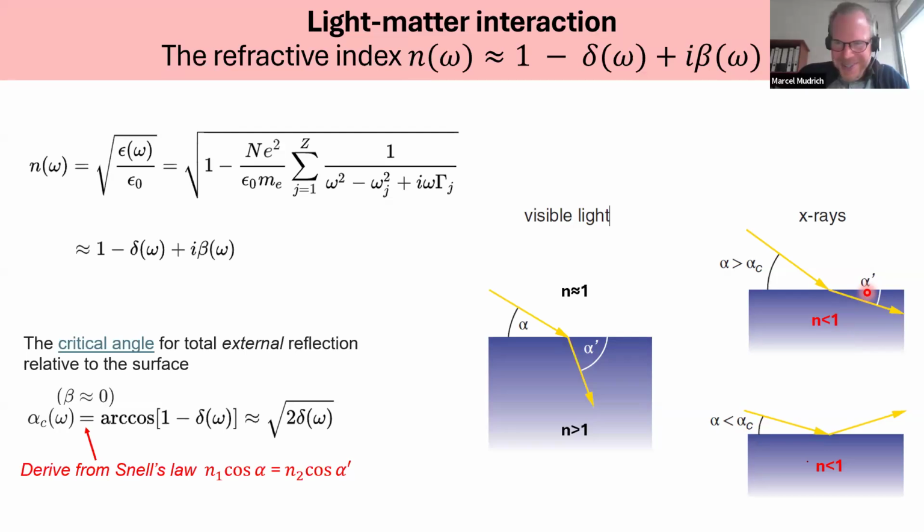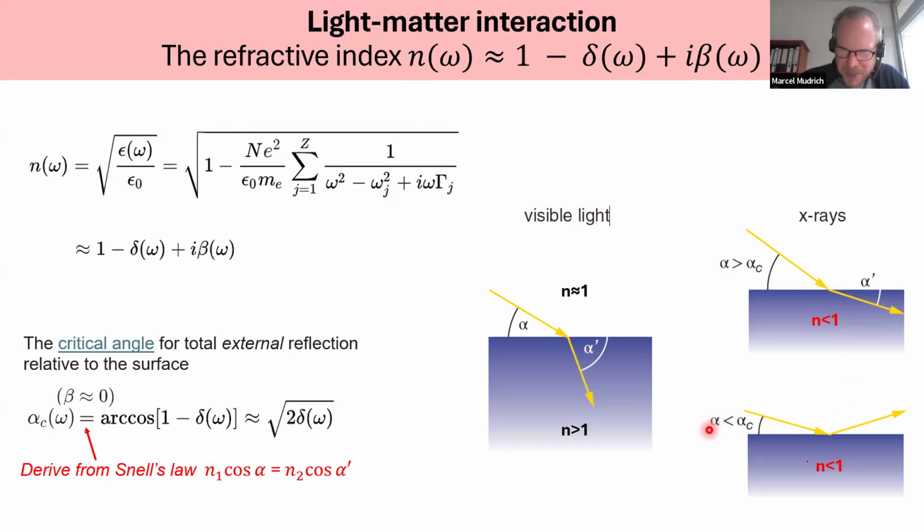Zero, yes. Because look here on the top, we do not have total external reflection. The beam still goes into the material, right? And here alpha prime is positive and goes downwards.